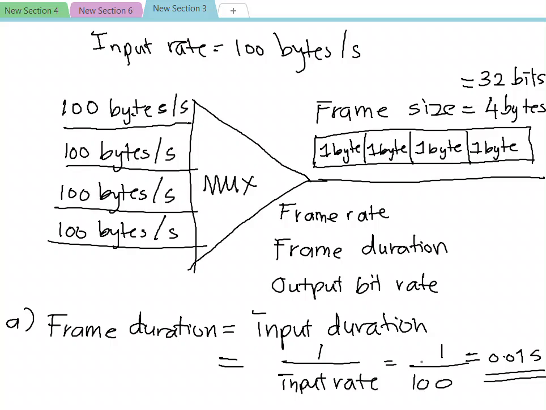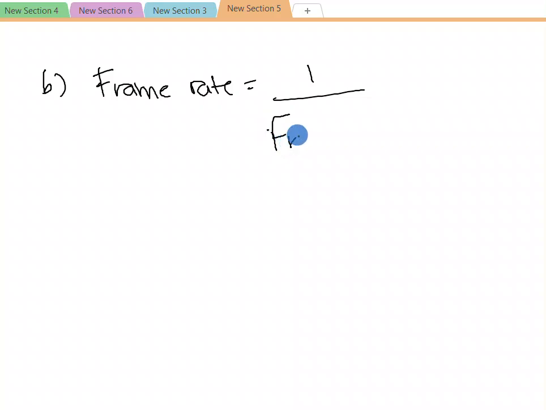Once you have the frame duration, you can find the frame rate. Frame rate equal to 1 over frame duration, which is equal to 1 over 0.01 second tadi.